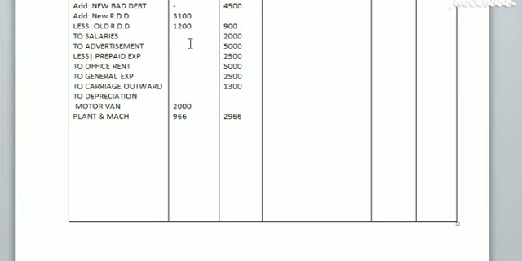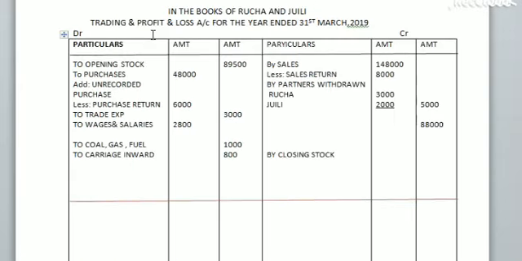The next adjustment is outstanding wages 800 rupees. We will add to wages. Add outstanding wages, and the amount is 800 rupees, and therefore we will write here in outer column 2,800 plus 800, 3,600.